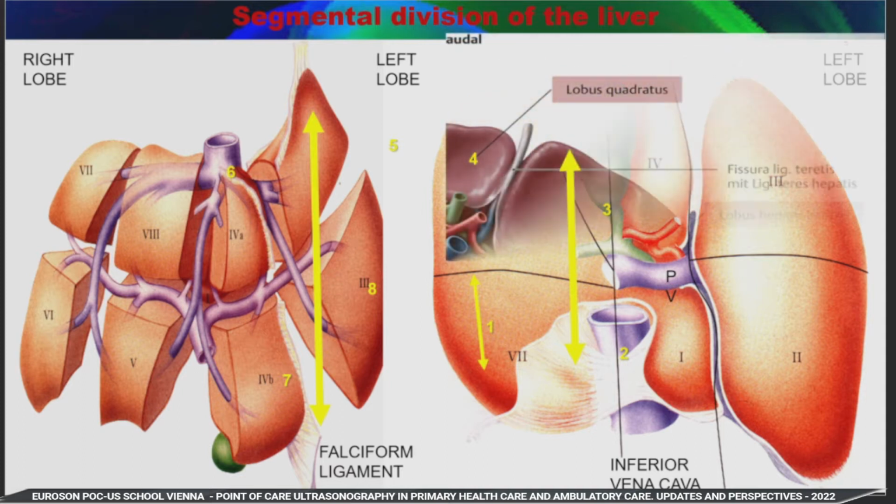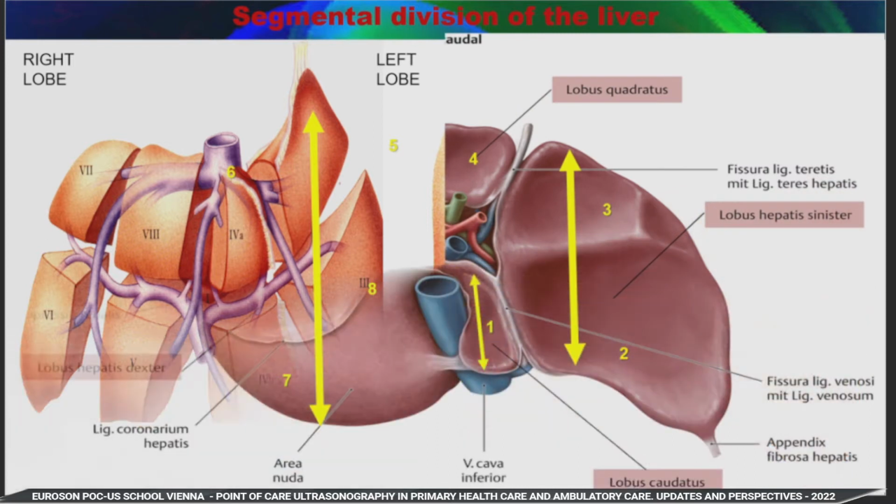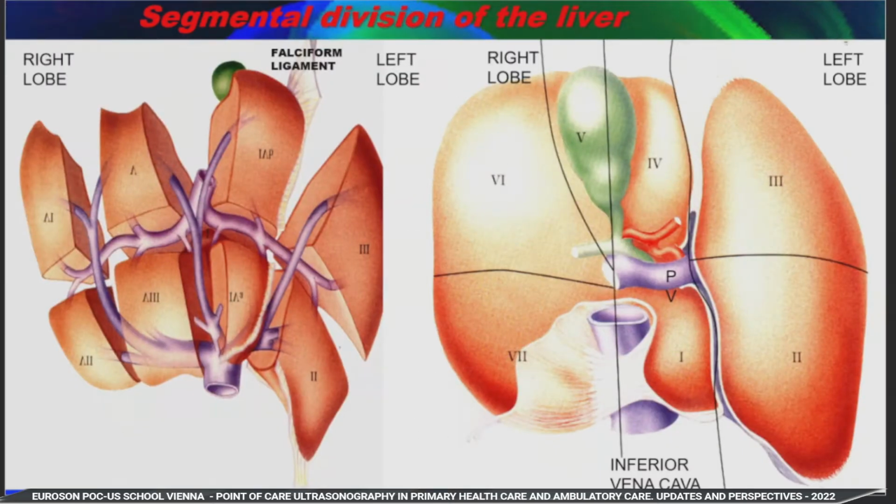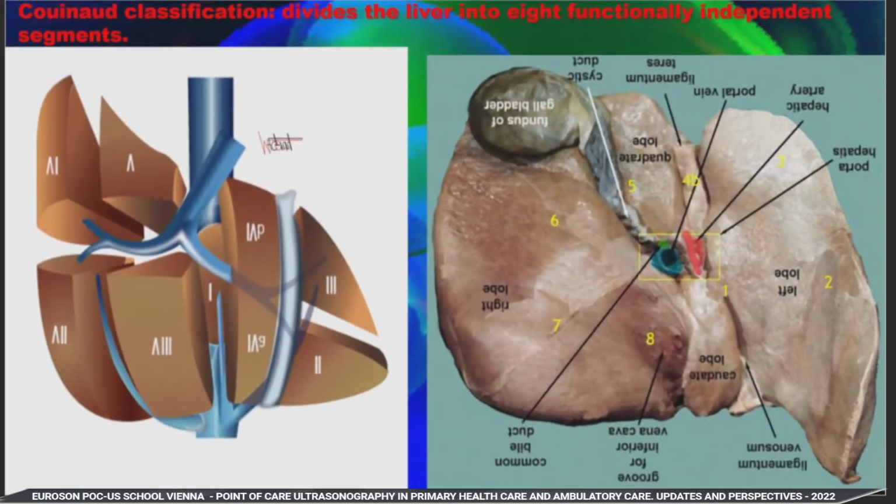And I want to show you this nice image with the right liver lobe. You can make the measurements because you have the landmarks: the left liver lobe, the caudate and quadratus lobe of your patients. And this is a nice image, but you can also find the morphopathological image.